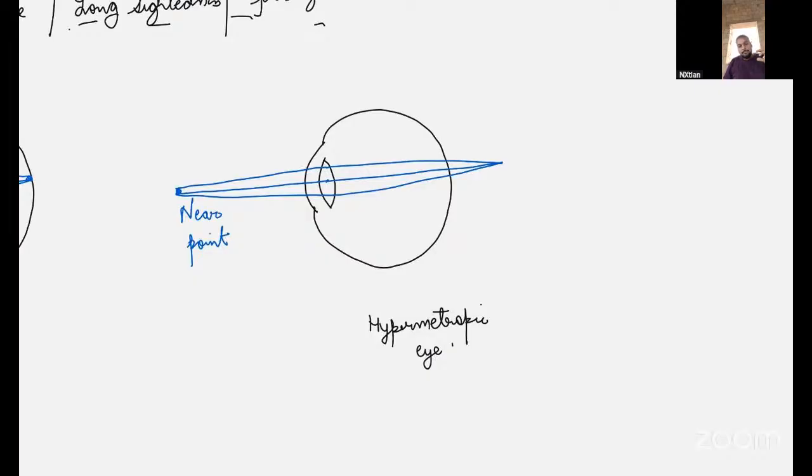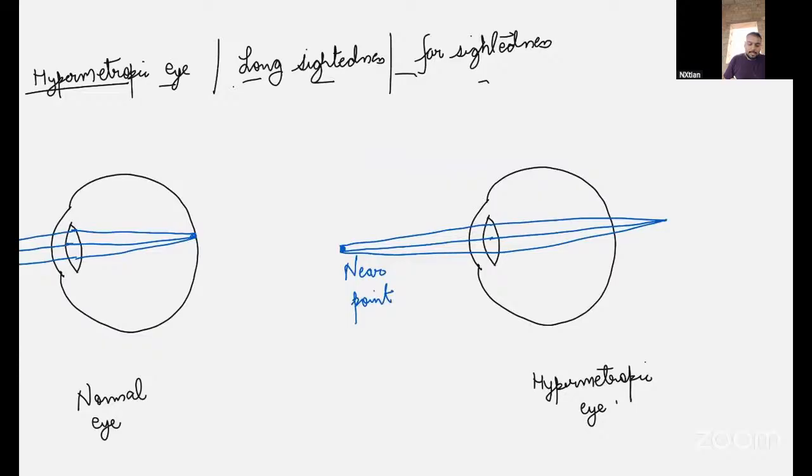The converging point which should be on the retina is behind the retina. So we need a lens which converges the rays onto the retina.